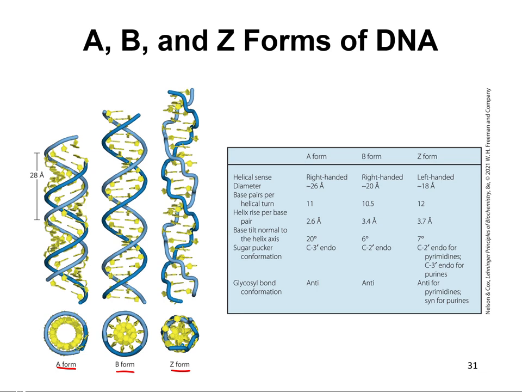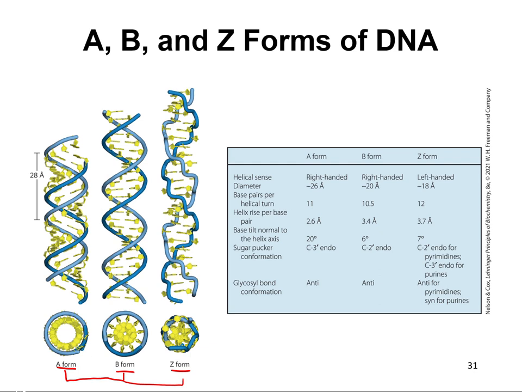You've got a table on the right-hand side. You don't need to know all the numbers like the diameter of the molecule and how many base pairs per turn and stuff like that. But you will need to be able to compare A form, B form, and Z form in terms of right-handed versus left-handed.